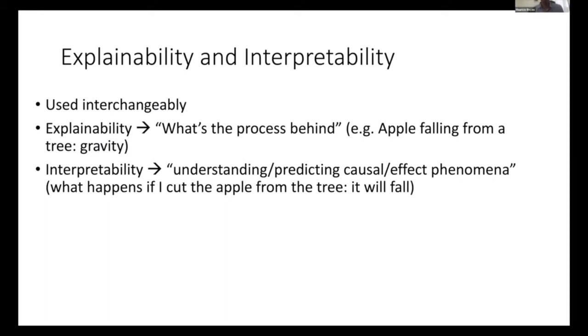In the apple example, you know that gravity is there, but you know that the cause-effect is: if I cut the apple from the tree, the apple will fall down, right? Many times you don't have the mechanism to fully understand the gravity equivalent of a given condition. We don't know everything in biology, but we know mechanism, we know cause-effect. And there is where interpretability can be quite useful, to check that that cause-effect is a reliable source of information.